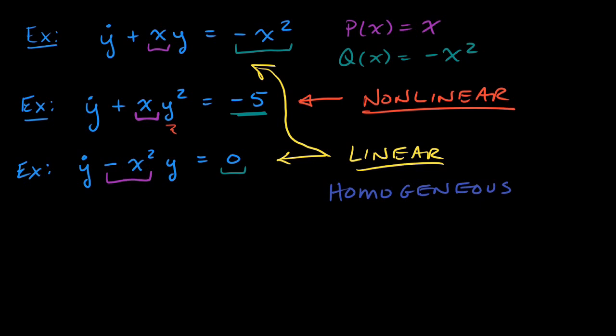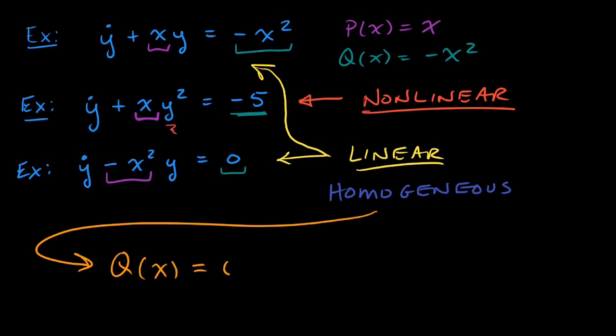And our definition of homogeneous is going to mean simply q of x equals 0 for a linear first order differential equation. Q of x equals 0 essentially means the right hand side is 0, and we're going to call that a homogeneous differential equation.